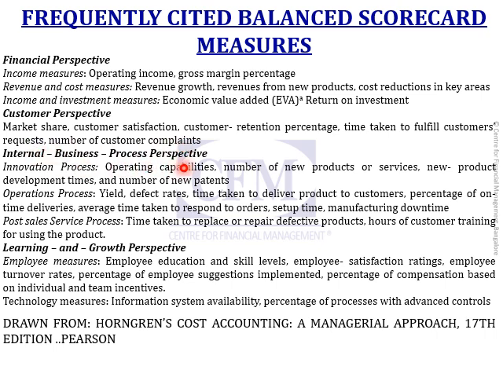Internal business process perspective. Innovation process, operating capabilities: number of new products or services, new product development times, and number of new patents. Operations process: yield, defect rate, time taken to deliver product to customers, percentage of on-time deliveries, average time taken to respond to orders, setup time, manufacturing downtime.